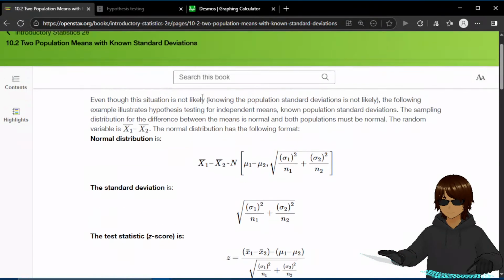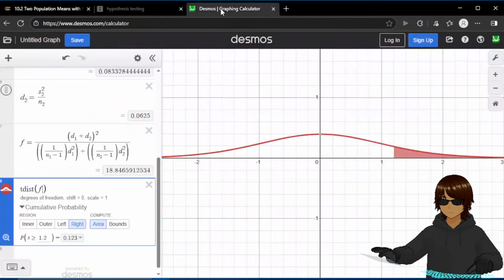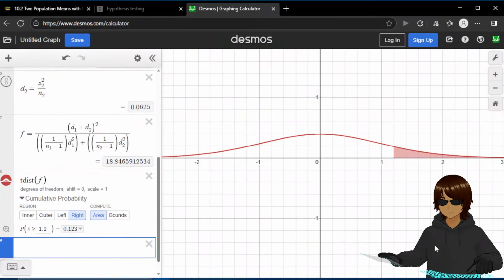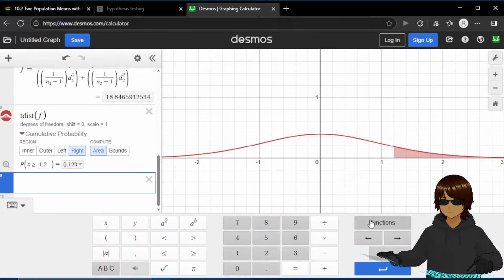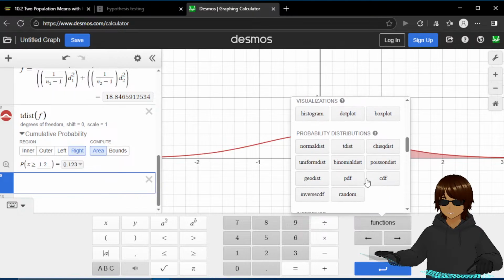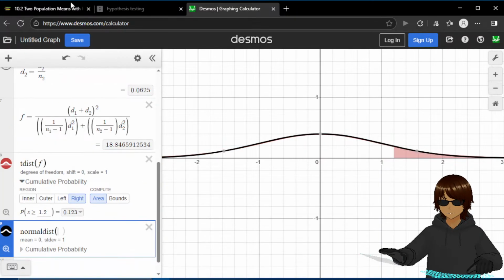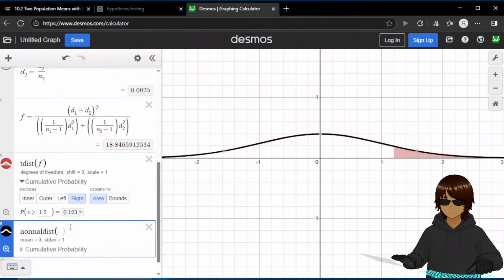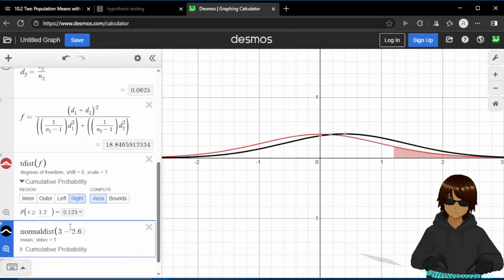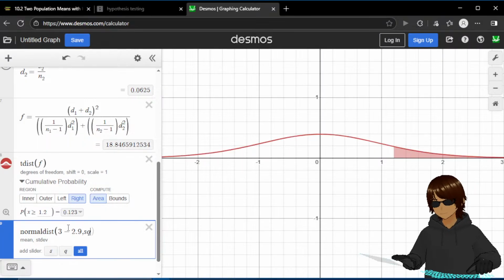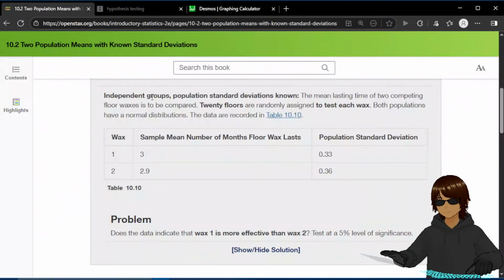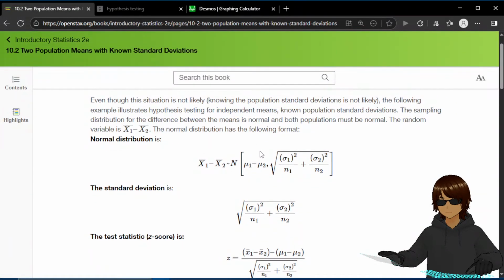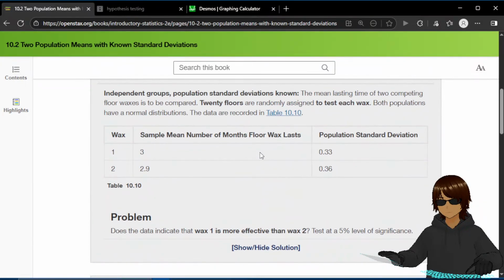So I have mu1 minus mu2. Mu1 minus mu2, 3 minus 2.9. Population standard deviation.